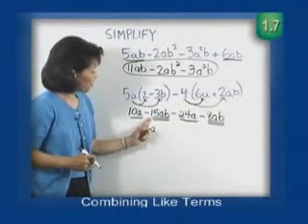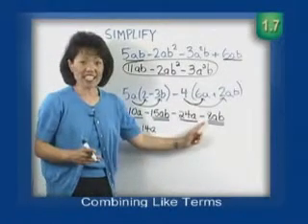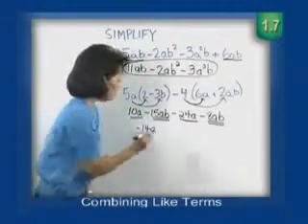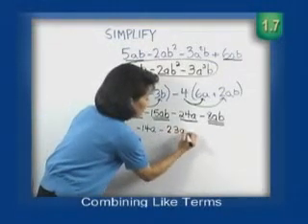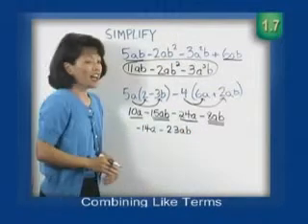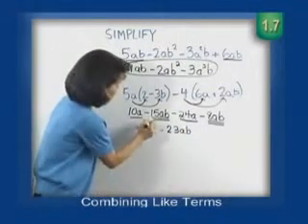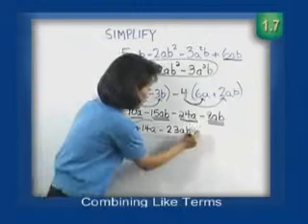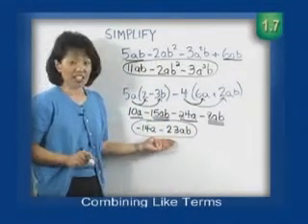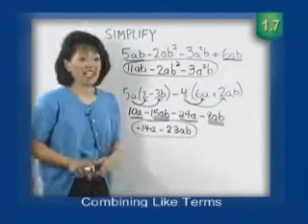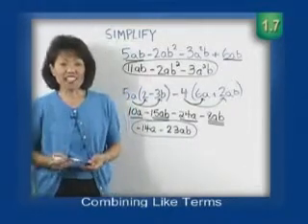So negative 15 and negative 8 give me negative 23. And then again, I just put on the like term portion of ab. So notice after I distribute and collect like terms, I get here as my final answer, negative 14a minus 23ab.